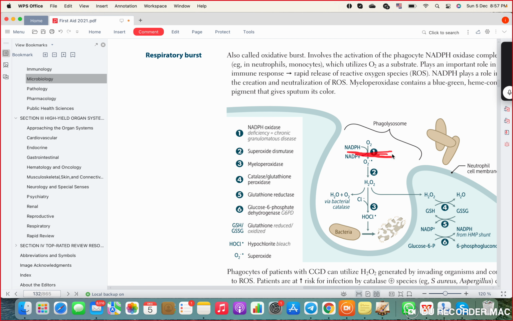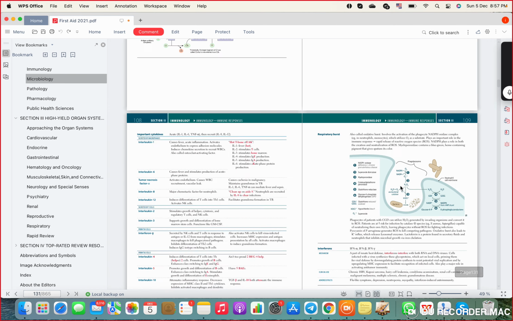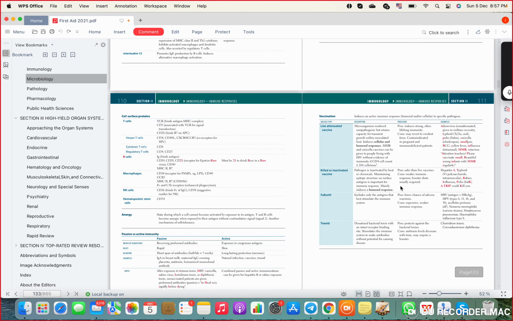He will have problems going forward. So where is superoxide? Superoxide dismutase will be released. You must know about every single step of these ones, sadly. It's actually important. This concept is high yield.